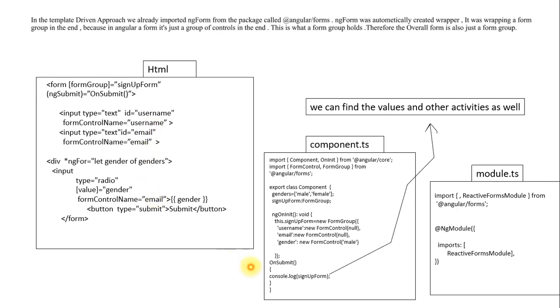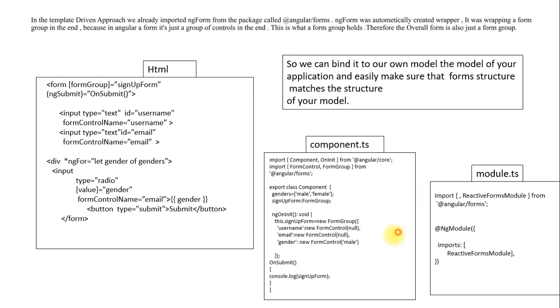These three things, using the form control name, will be in the form group, and the form group will be inserted into the sign up form. And if we console log the sign up form, we can find the values and other activities as well.